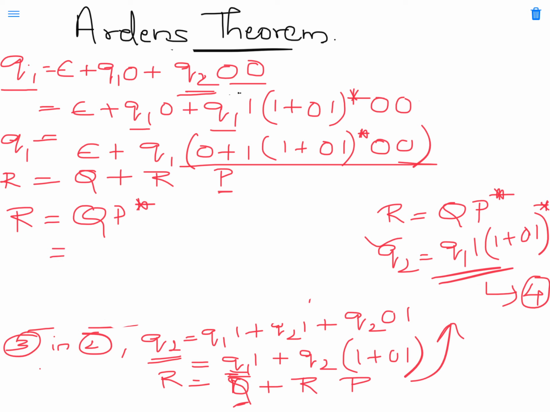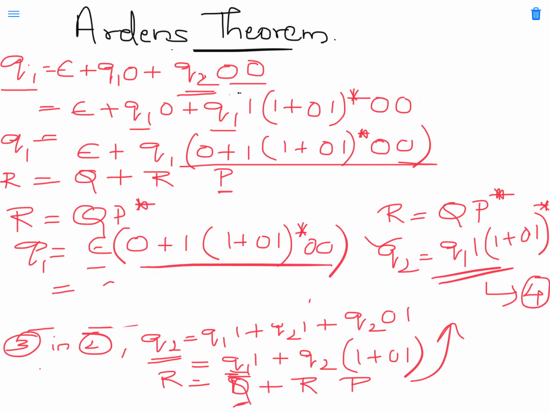So R is equal to Q1, Q is epsilon, and P star is 0 plus 1, 1 plus 0 1 star 0 0. Epsilon concatenated with any regular expression can be written as 0 plus 1, 1 plus 0 1 star 0 0. So this is the final regular expression.